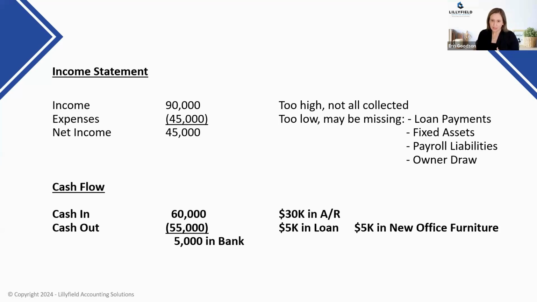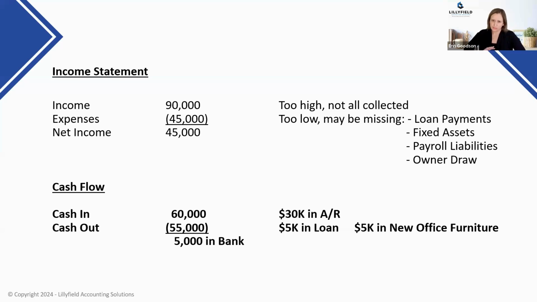However, we've only collected $60,000 of it. So our customers still owe us $30,000. We've got $30,000 outstanding in accounts receivable. So that can relate to that difference between what we're seeing as revenue on our P&L versus the cash coming into our bank. We just hadn't had collections on all of that revenue.